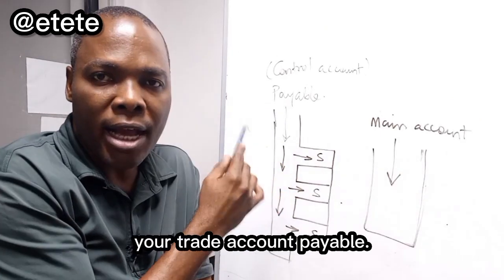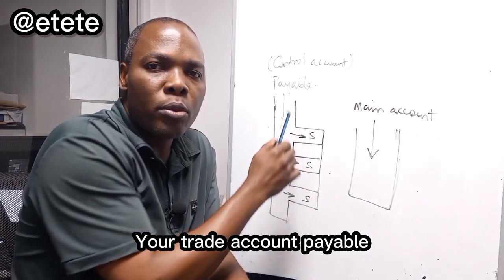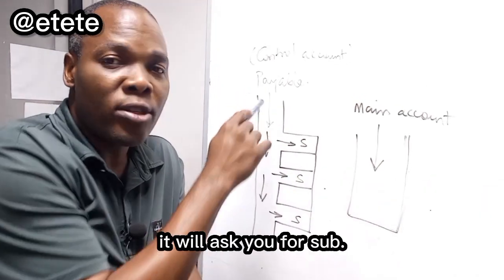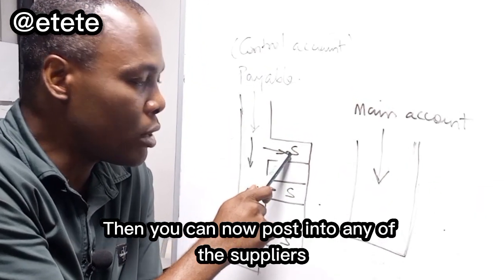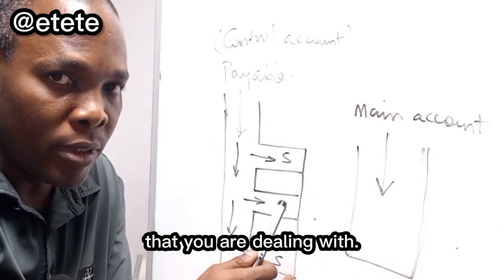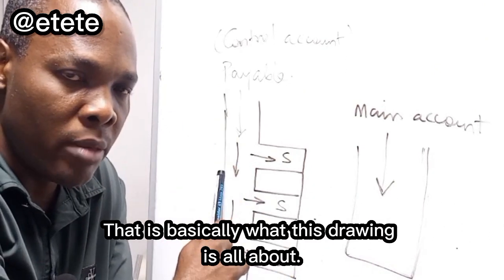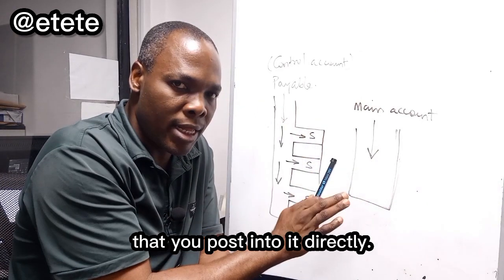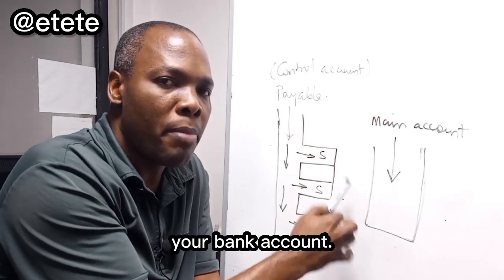For example, your trade accounts payable has to do with suppliers. So when you go into the trade accounts payable, it will ask you for the sub, then you can post into any of the suppliers that you are dealing with. That is basically what this drawing is all about, while a main account, for example your bank account, is one that you post into directly.